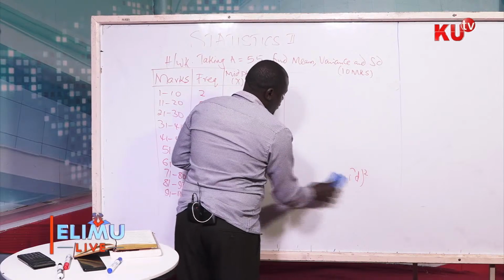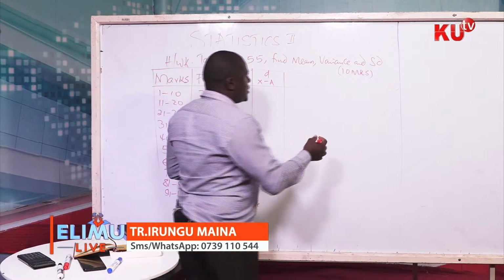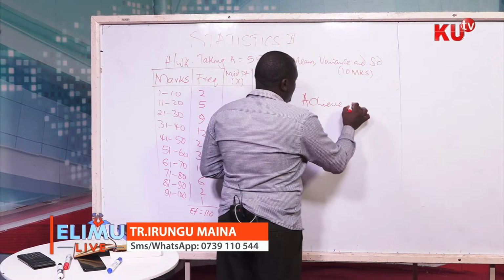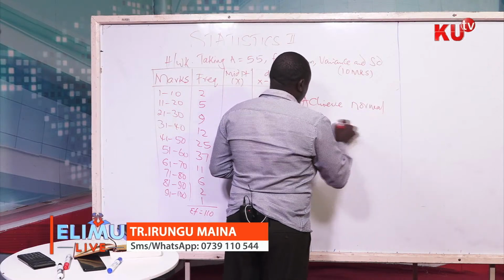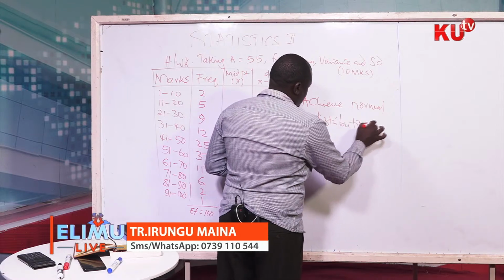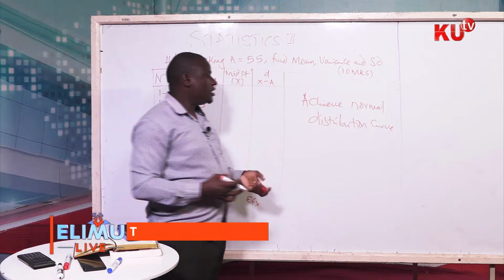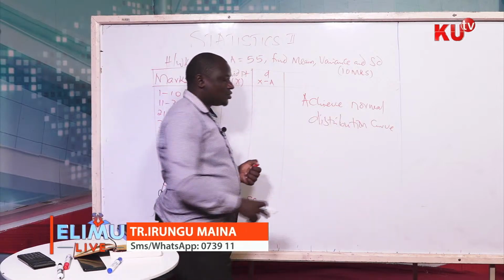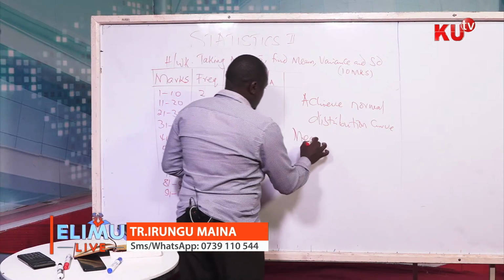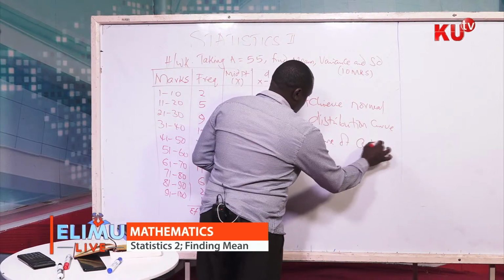It measures the spread because, again, any data must achieve a normal distribution curve. Any data that is well collected, that is well meaning, must achieve a normal distribution curve. So basically what we have done, we have discussed measures of central tendency.